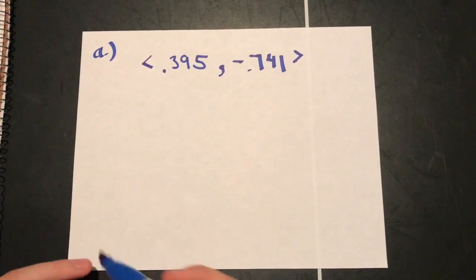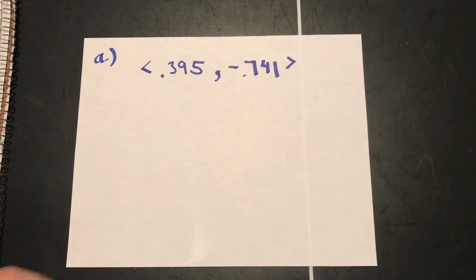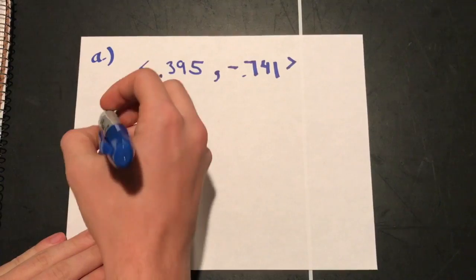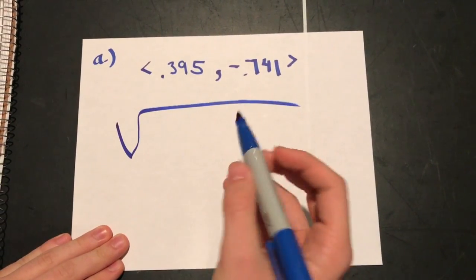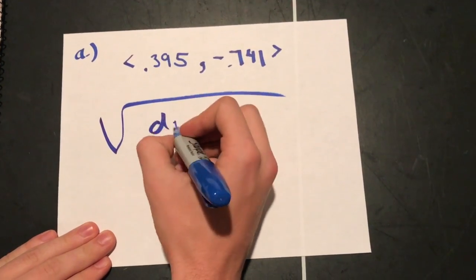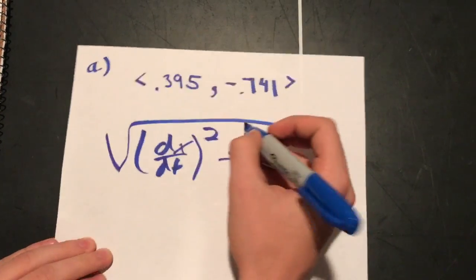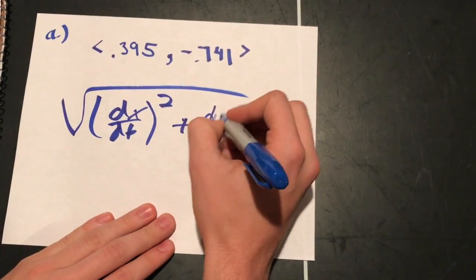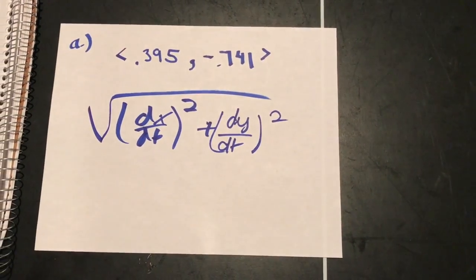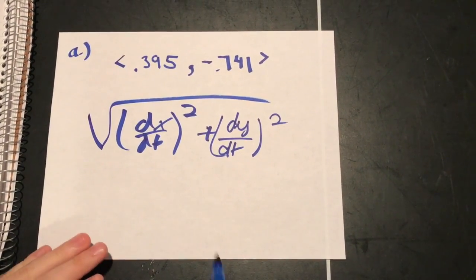Alright, so for the next part of the question, we have to use our handy dandy speed formula. First of all, we're just going to write down the speed formula. The speed formula is the square root of dx/dt squared plus dy/dt squared. And so now we're going to plug in our dx/dt and our dy/dt at the value of t equals 2.